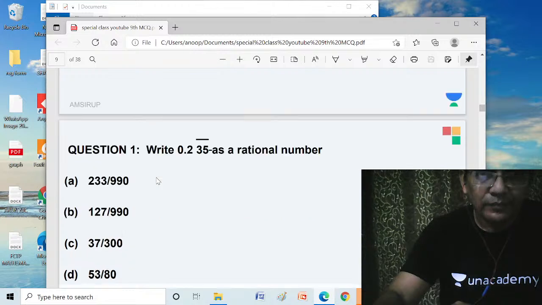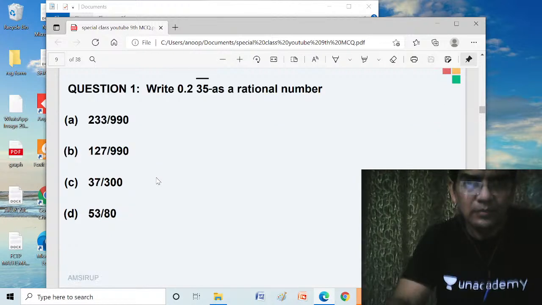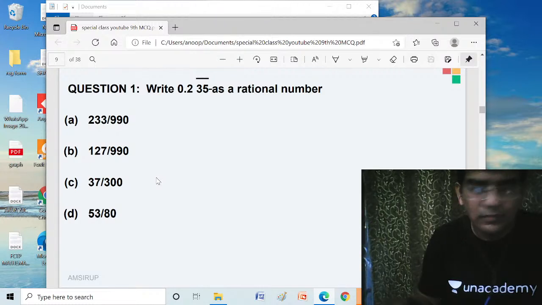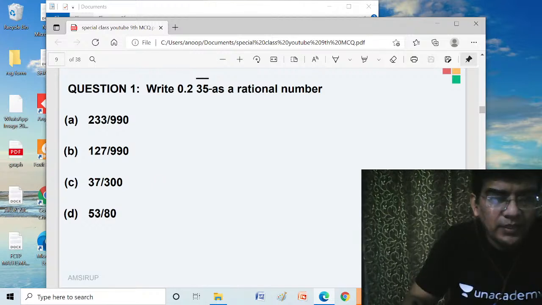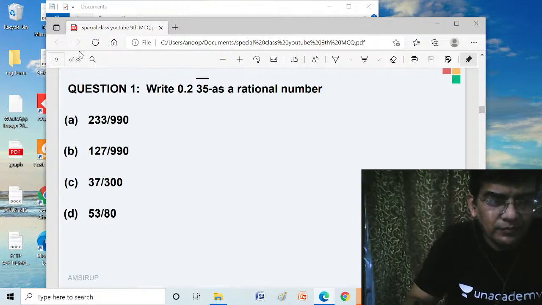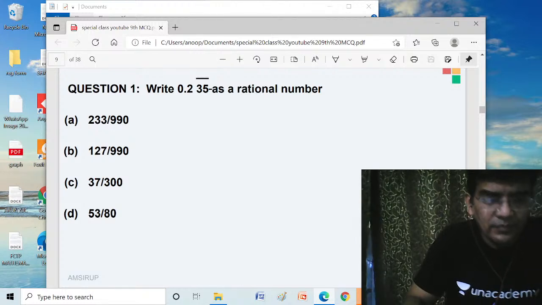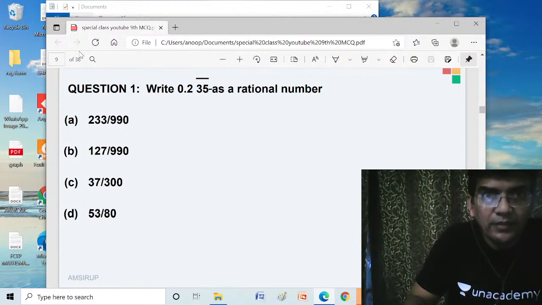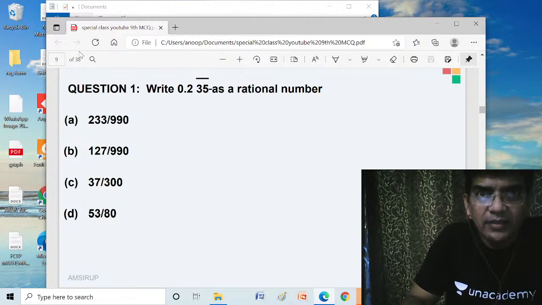Okay, so students, I was doing this question with you all, and the question was that I have to write this as a rational number.